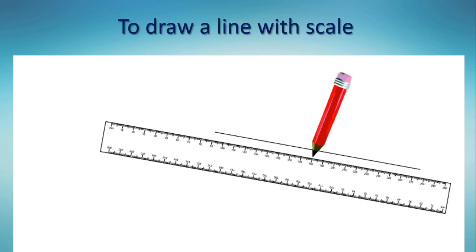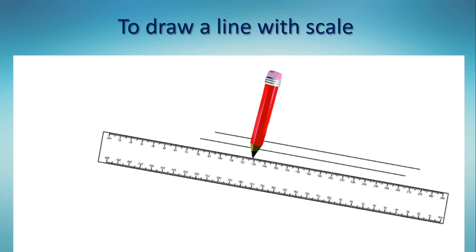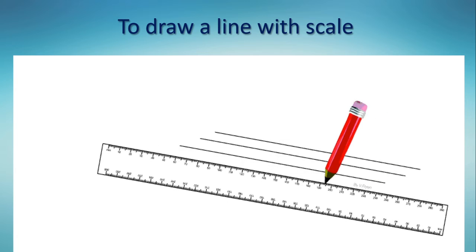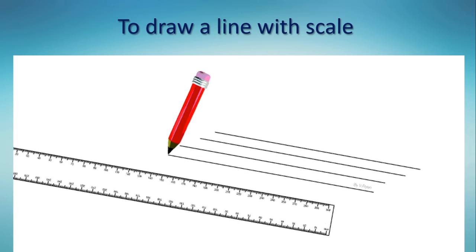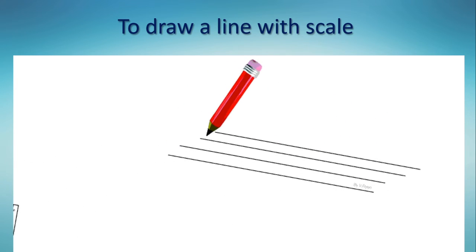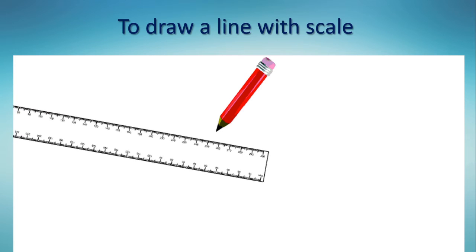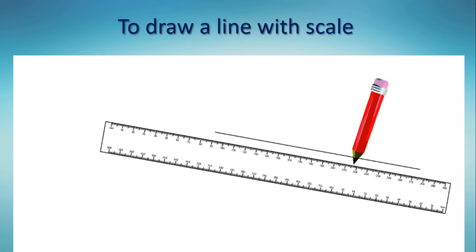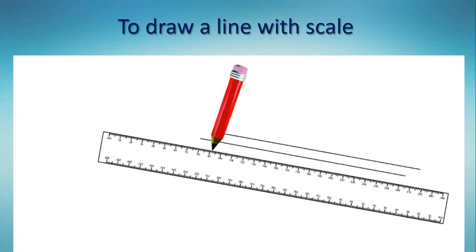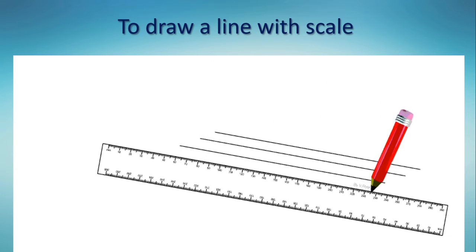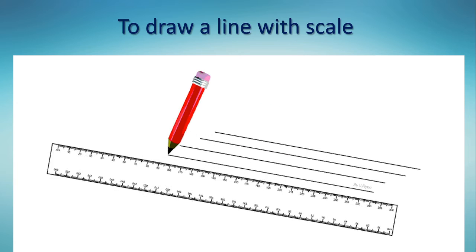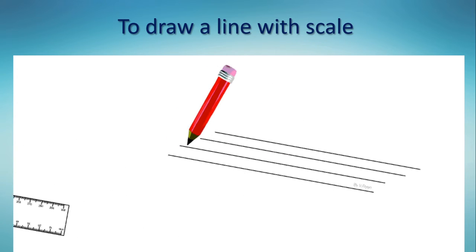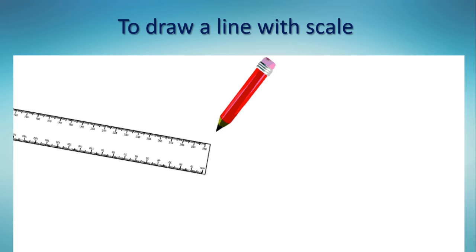We have to draw a line by using a pencil like this. If you want to see once again, see this. We have to hold the scale with our left hand, and by using the right hand we have to draw a line. Okay, this is by using a scale.